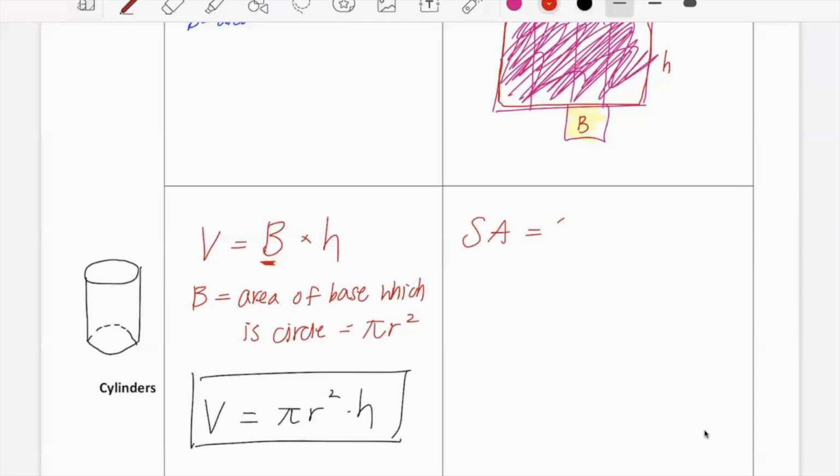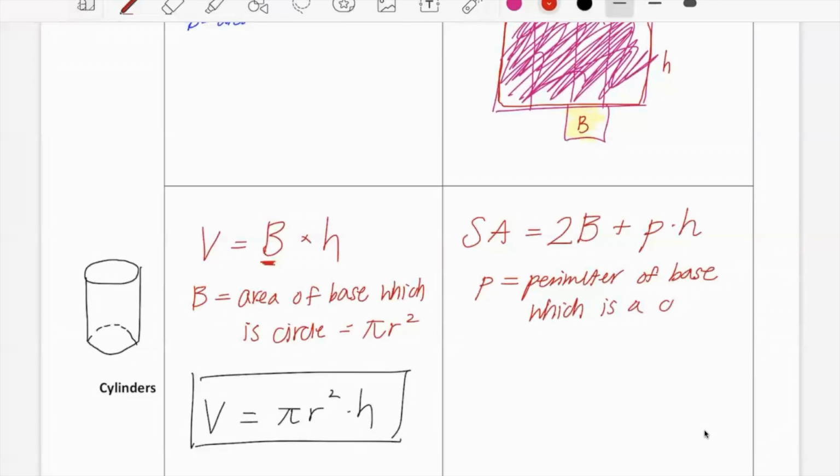It's always going to be the area of the 2 bases plus the perimeter of the base times the height. But this time for a cylinder, the perimeter of the base is actually going to be the circumference, right?